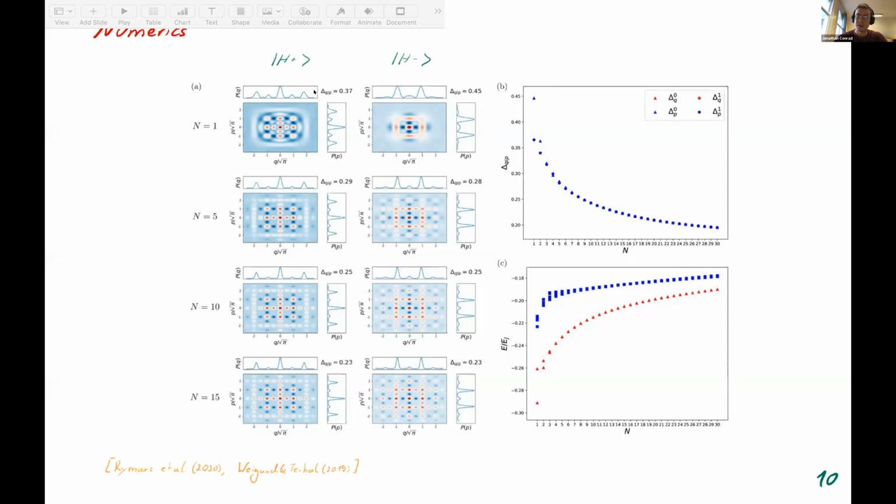So the two lowest energy eigenstates, as you can see here on the left side, are given by GKP H plus and minus states, right? And by increasing this twirling level, I'm increasing the sharpness of the peaks of these H plus and minus states.